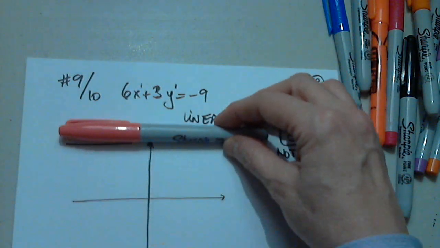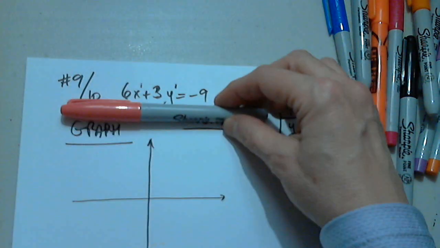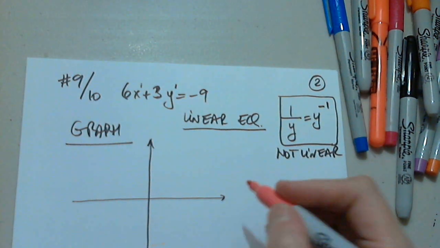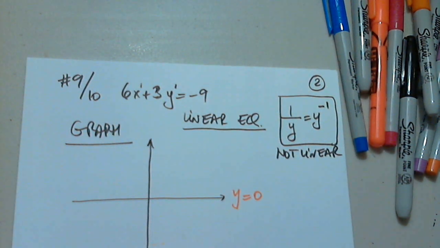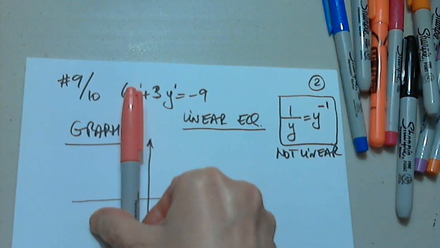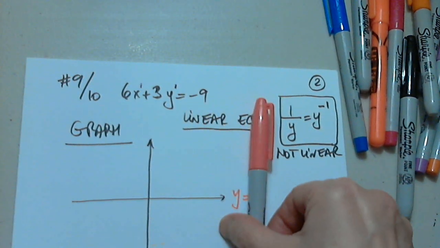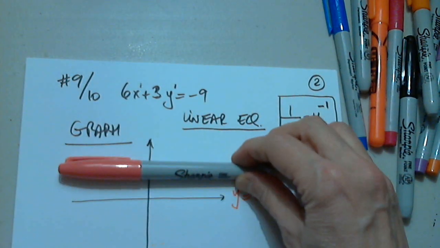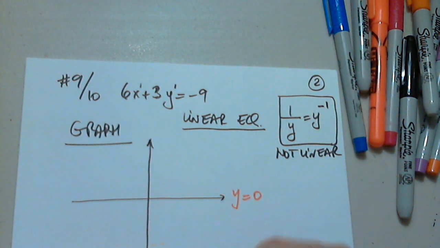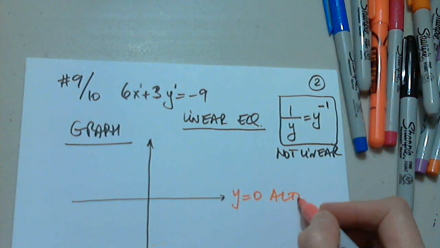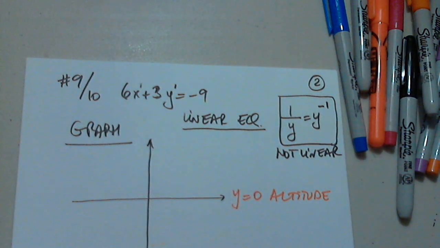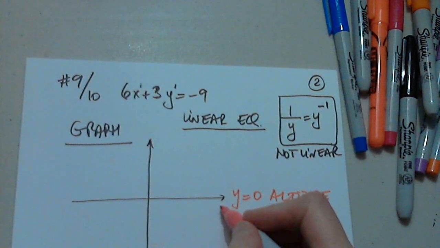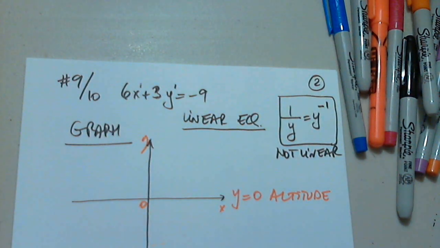So this is the y, altitude. So this will be y equals 0. Yes, this is position. What do I mean by position? Altitude 0 or below, altitude above. So that's why this is easy to remember.